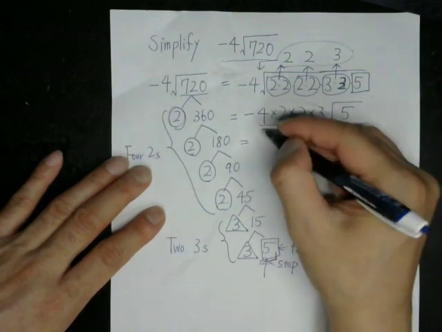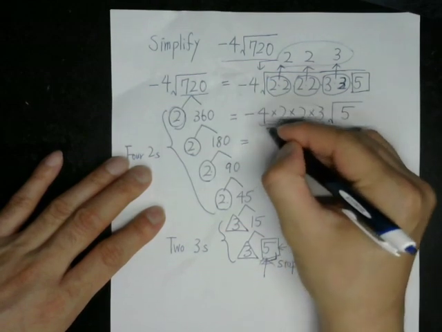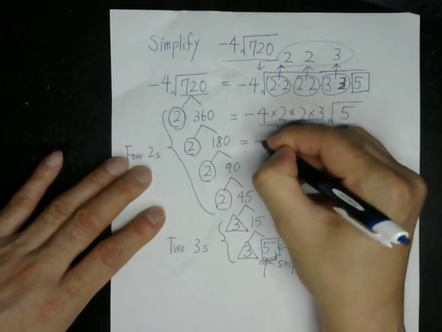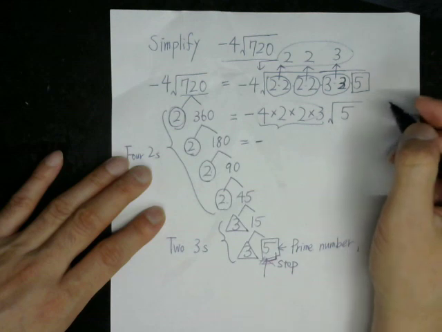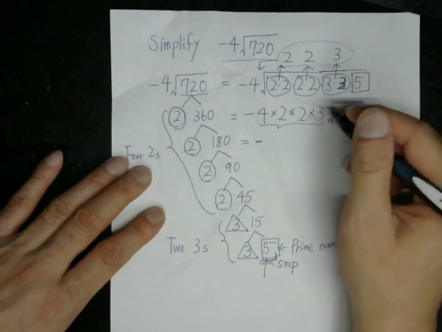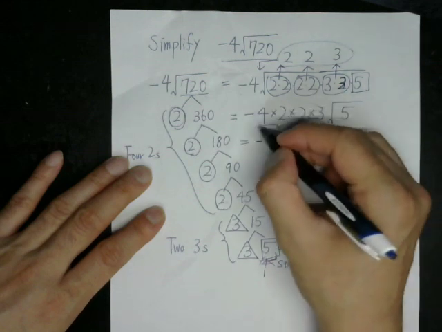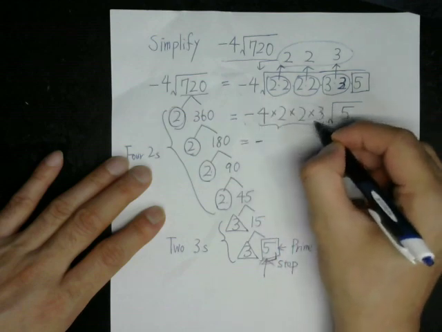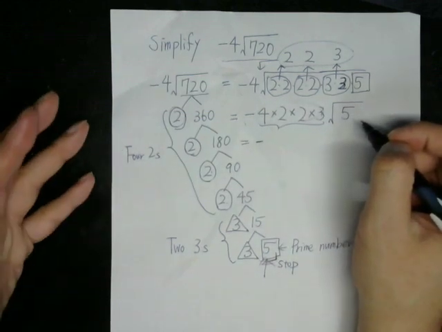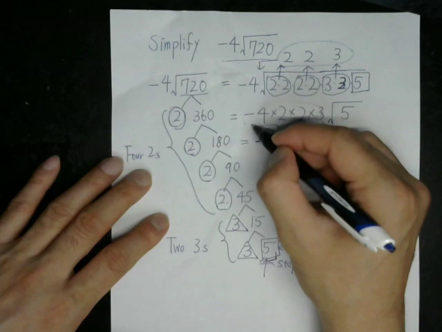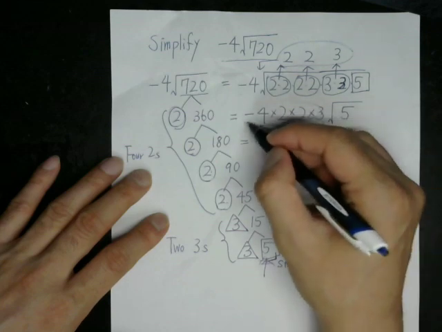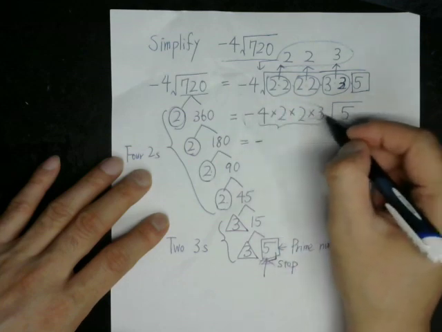It's not that difficult, but be careful. There's a negative sign here. The negative sign should stay there, because you expect the sign of the product of these numbers to be negative, because it's only the first number which carries a negative sign. The rest of them are positive numbers.